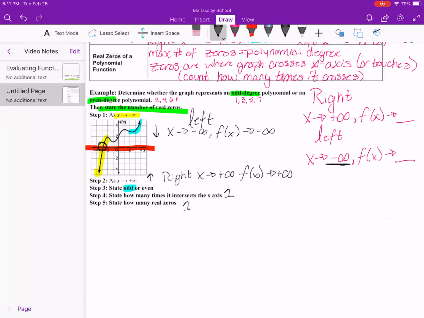Okay, so I don't have another example like on here, but I'm going to draw one out for you because I think that we need to go over at least one more. So if I was to give you a graph that looked like this, and I wanted to say, is it even or odd?